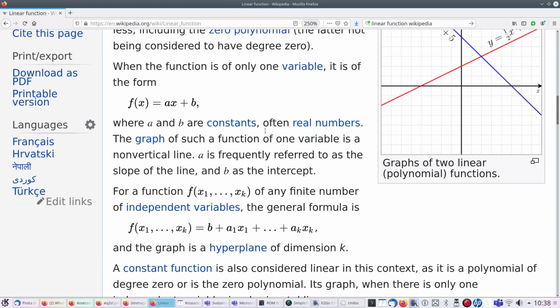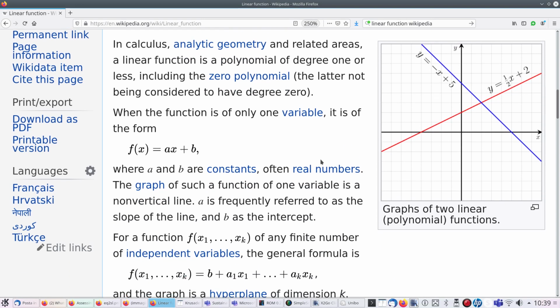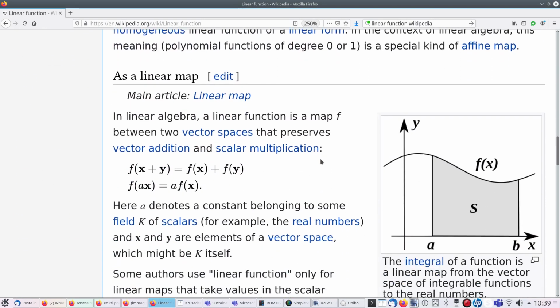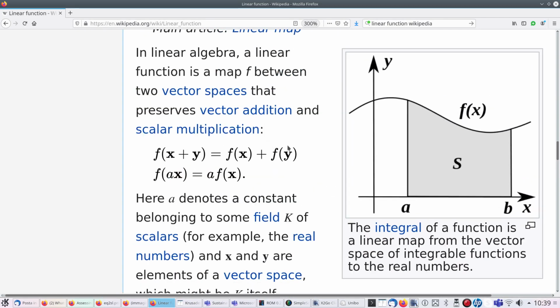A linear function, first of all, if you look at a graph, is expressed by a straight line. But the definition of linear function is what you see here. Perfect. Two relationships, look on the left.